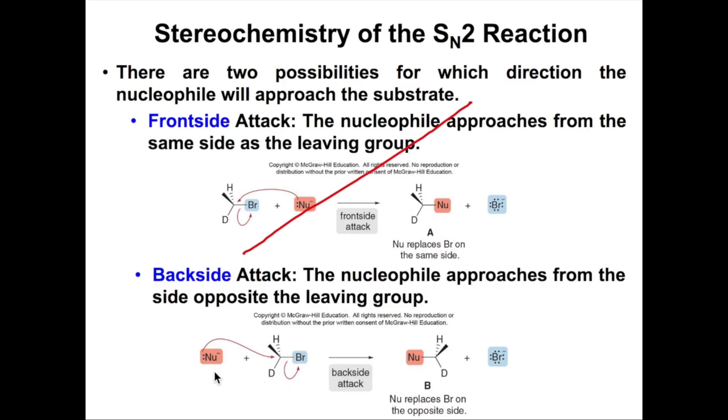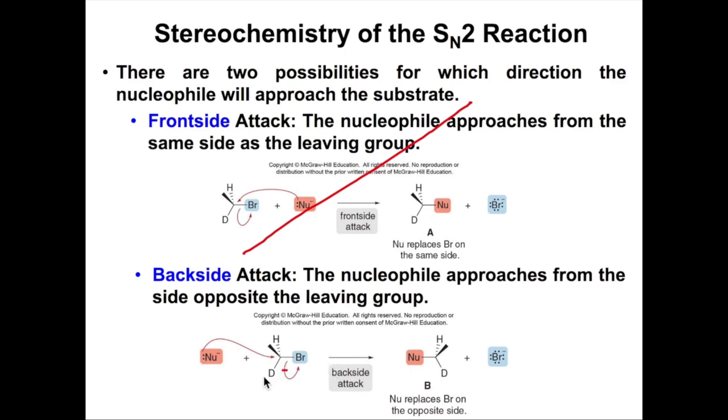However, what actually happens is that we have a backside attack, and I mentioned this in the previous video. In the backside attack, the nucleophile attacks from the completely opposite side from where the leaving group is, so that it will attack at 180 degrees, because by attacking here, it can kick out that leaving group with the highest impulse force, whatever you want to call it or imagine it.